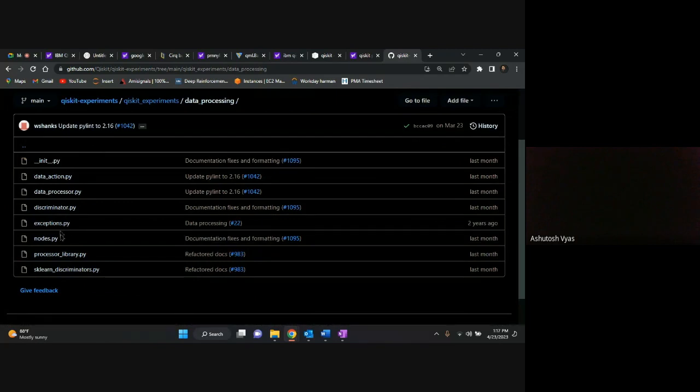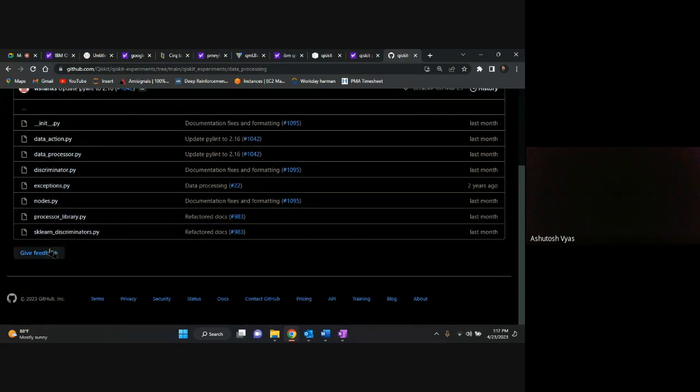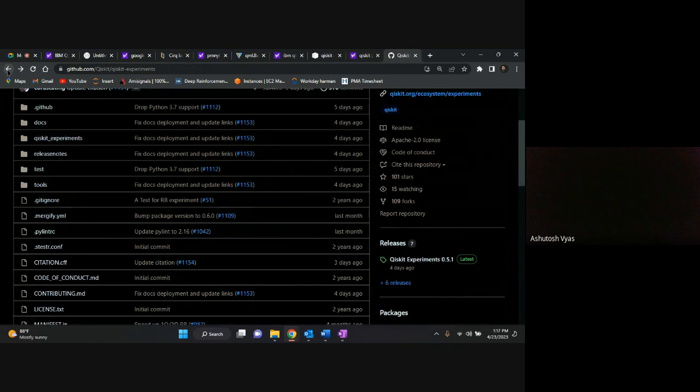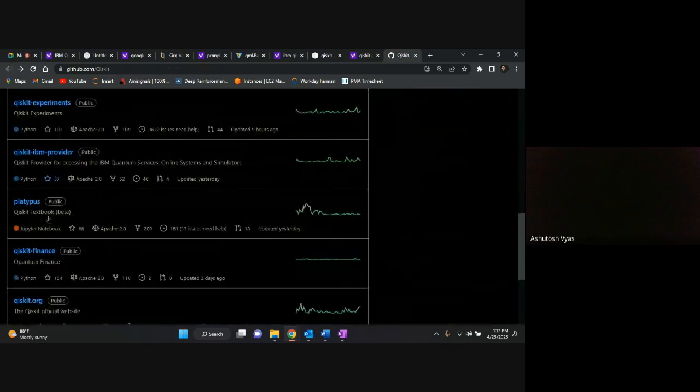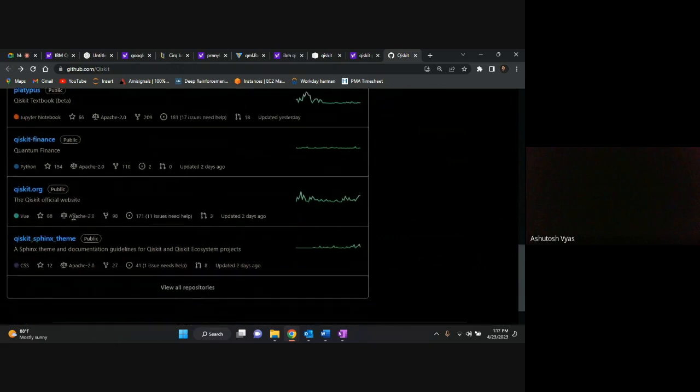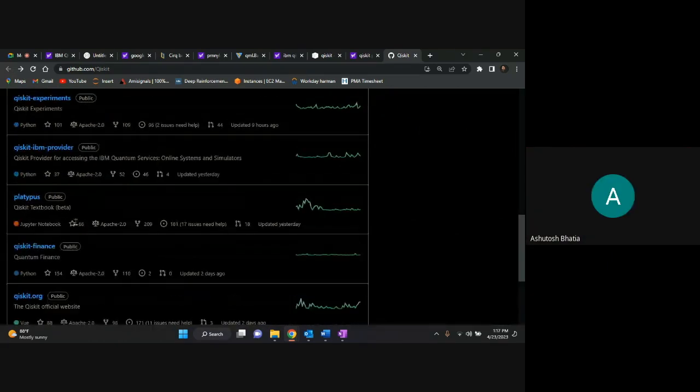Somebody has written a discriminator, scalar discriminator, process library. Let me just, for you guys, I think QML will be the best point to start because that's easy. So this is good that if somebody is interested in Python, then he can simply start programming using the Qiskit Python wrapper.